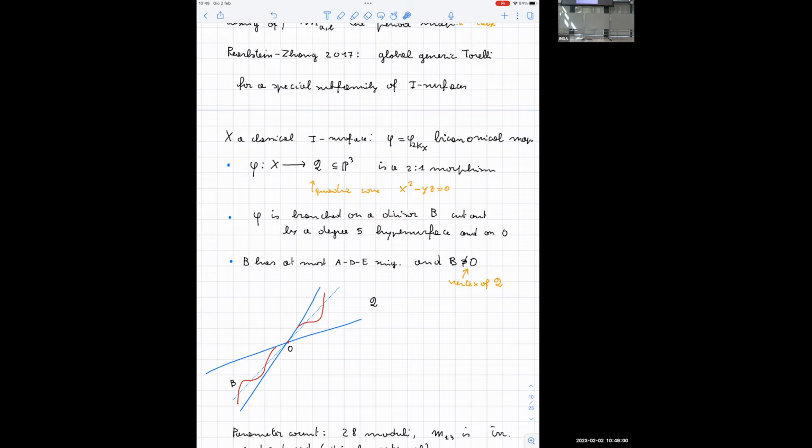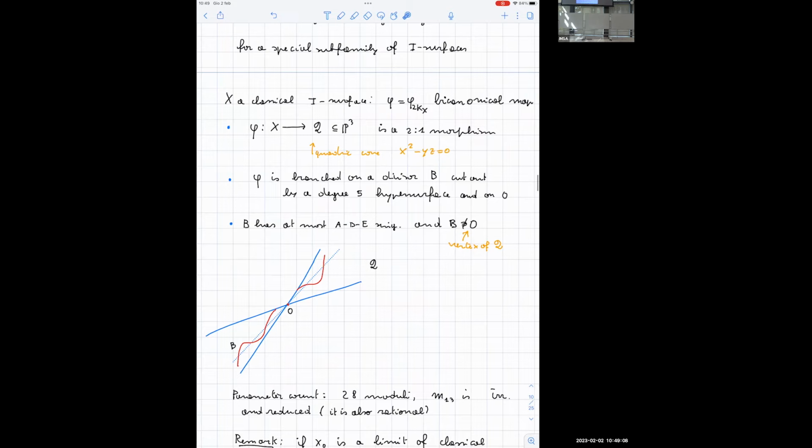Okay, so I was saying, the bicanonical map realizes these surfaces as a double cover of the cone. I drew a picture here, and this double cover is branched on the vertex, which I call O, and on the section with a quintic hypersurface in P3.